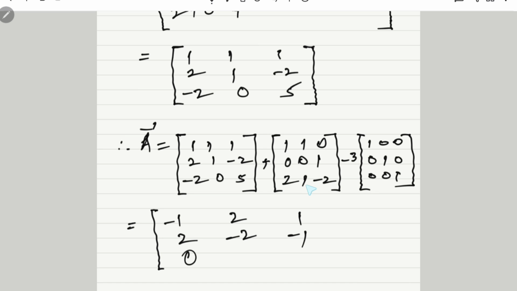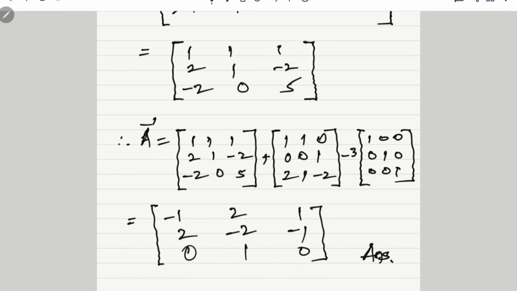Next 0 plus 1, 1 and minus 0. We get 1. Next 5 minus 2. 5 minus 2 we get 3 and minus 3. 3 minus 3 we get 0. Therefore A inverse is minus 1, 2, 1, 2, minus 2, minus 1, 0, 1, 0. This is the required answer or required matrix of A inverse.